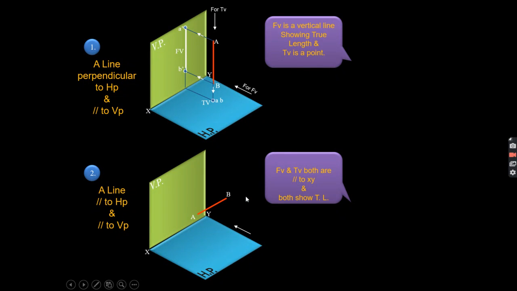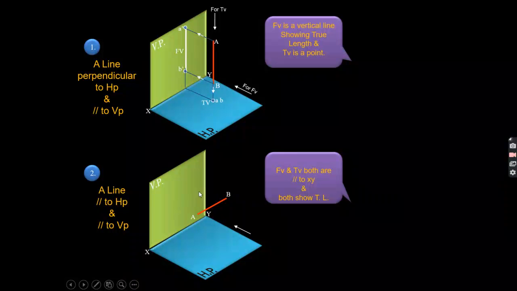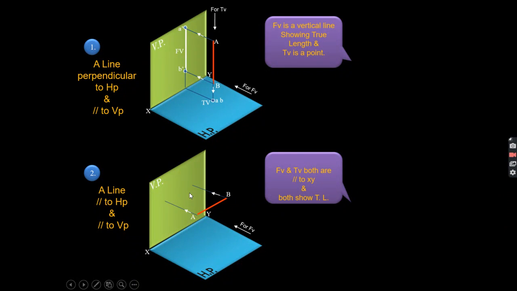Of course, if it is parallel to the VP and the HP, in both planes you will get a straight line, and the length will be the same as the length given in the question. Like if it is 50 mm, the length of the projected line will be nothing but 50 mm, and in the top view also the length of the projected line will be 50 mm.